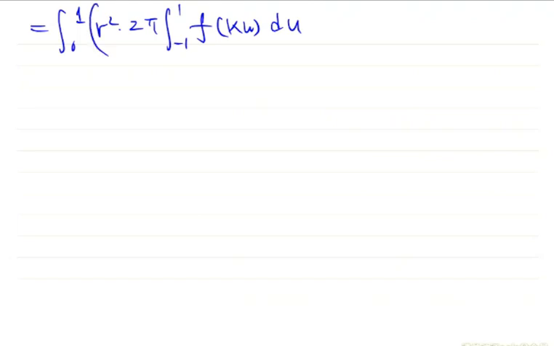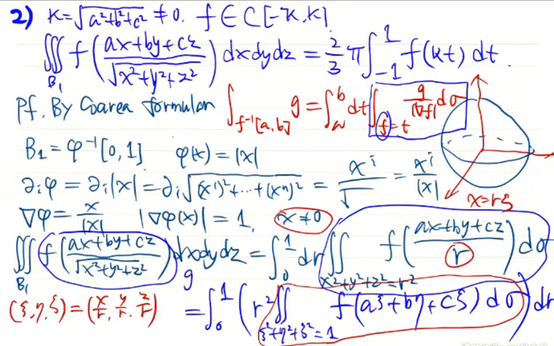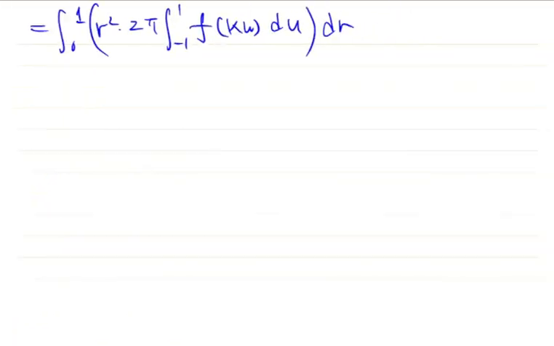Our previous example tells us that this surface integral over the unit sphere is just 2 pi multiplying this definite integral. Now, this part does not depend on r, so it can move out of the integral with respect to r.